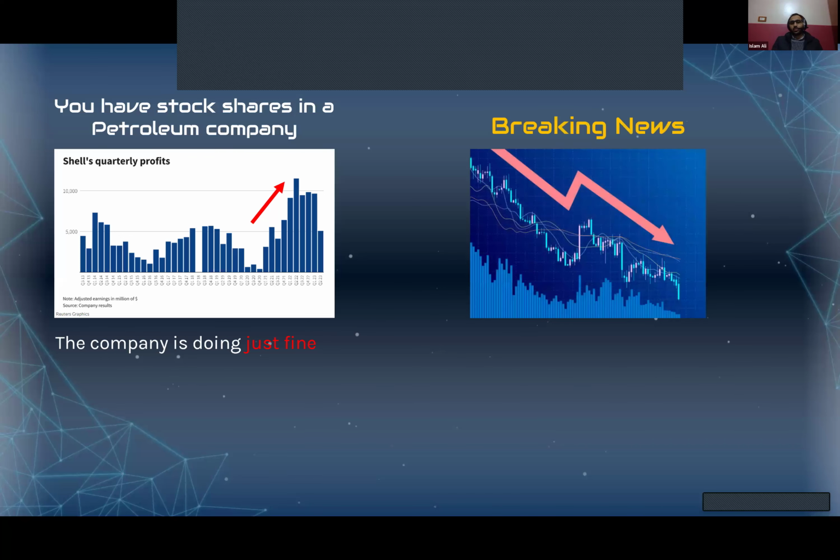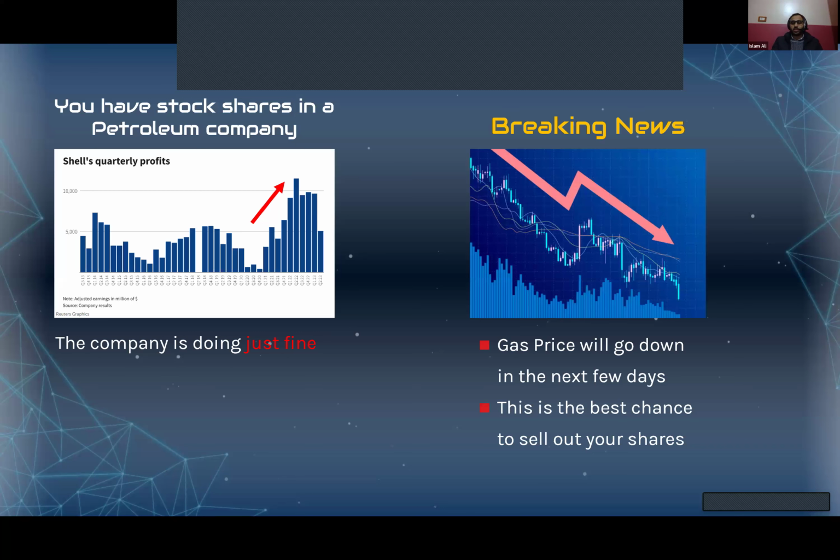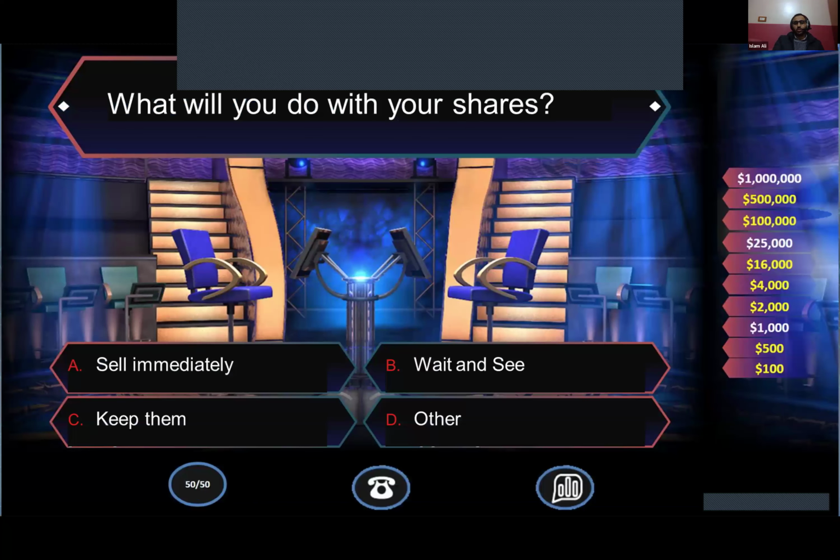And then you heard from a trusted person that the gas price will go down in the next few days. And this is the best chance for you to sell your shares. So this is the scenario, and my question is, what will you do with your shares?